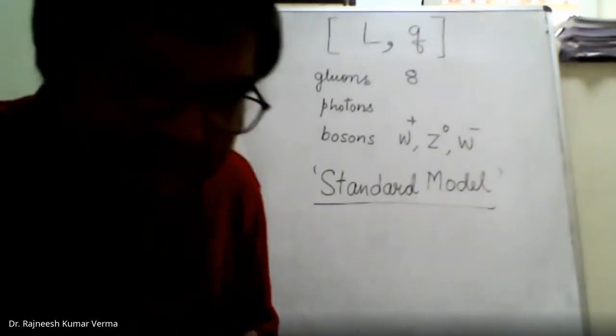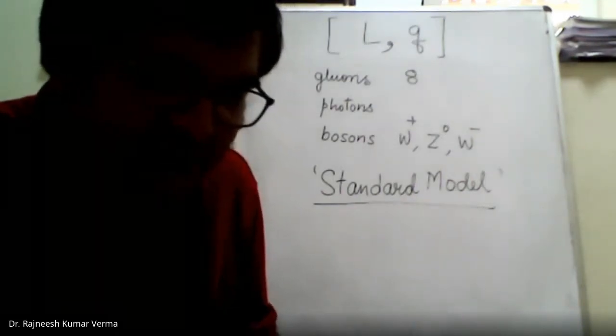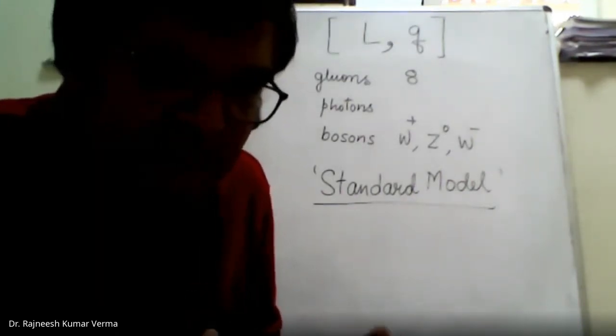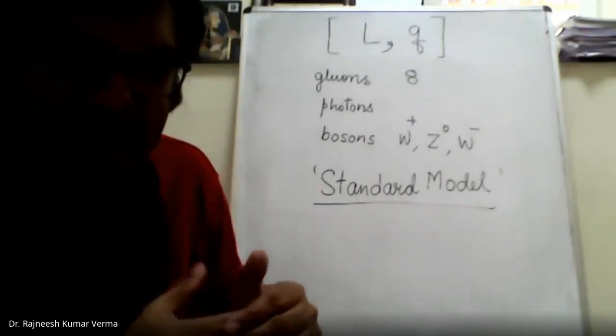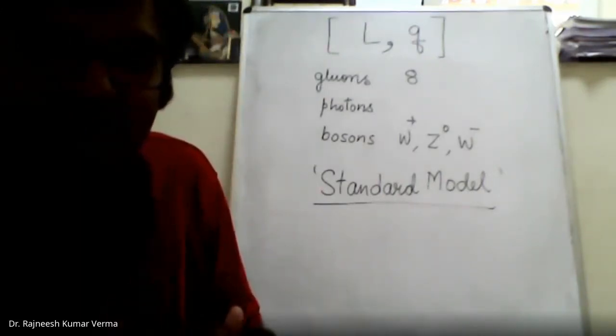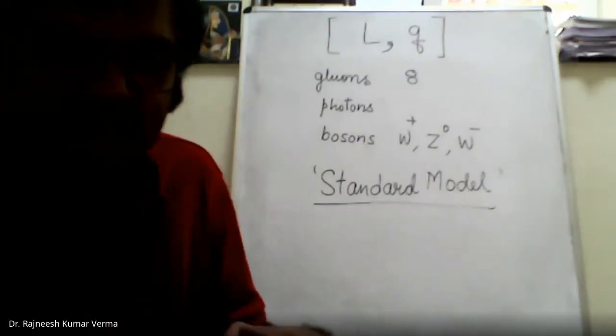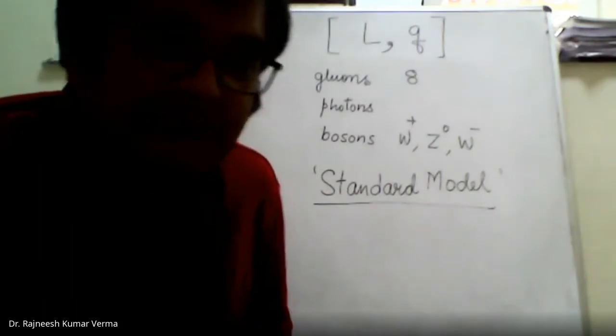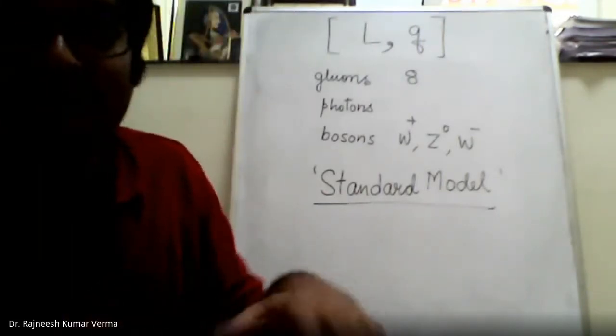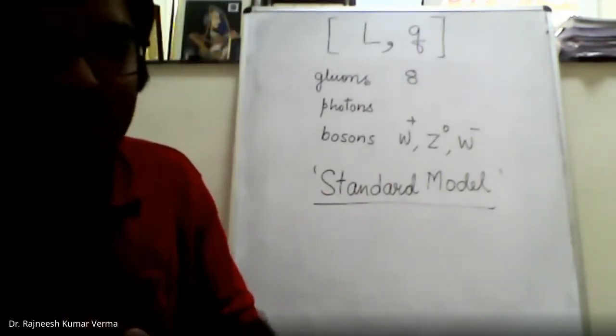So it is said that the 3 quarks are swimming in a sea of gluons. Proton is nothing but a structure of 3 quarks which are swimming in the sea of gluons. That is what the structure of proton is.